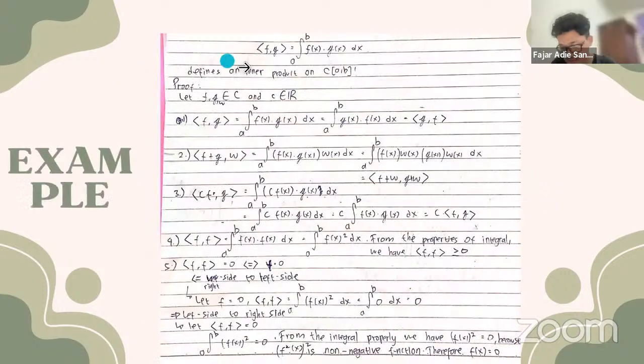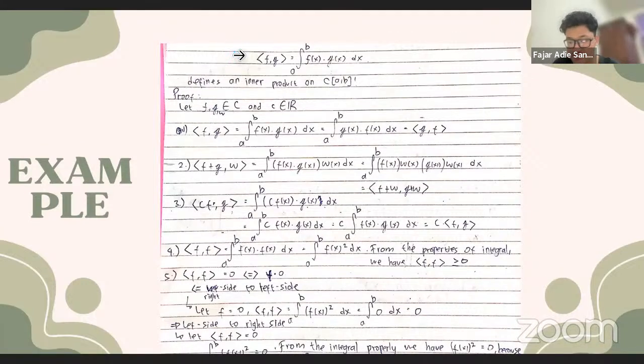Okay, so here's an example for inner product. Tadi kita udah tahu mengenai definisi inner product. Jadi di sini ada contoh soal yang soalnya adalah untuk membuktikan bahwasannya inner product fg equal to integral a to b of f(x) multiplication g(x) dx is an inner product.